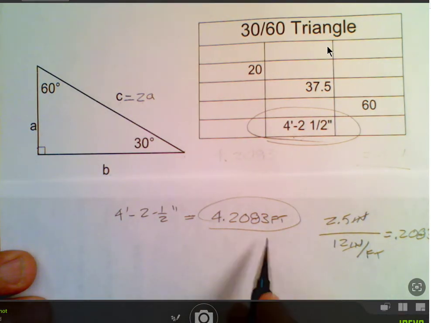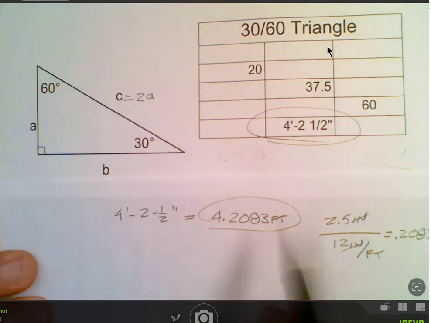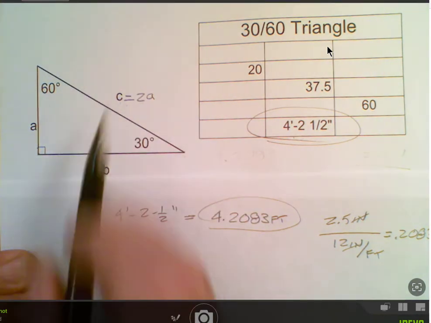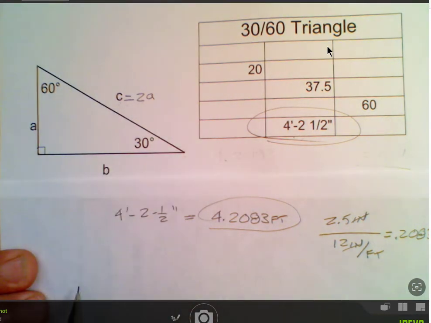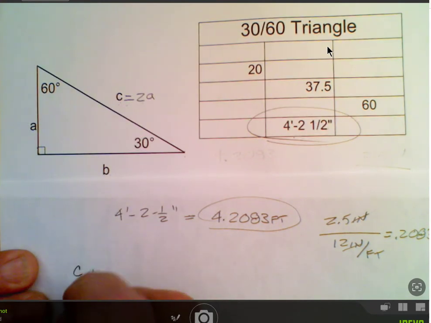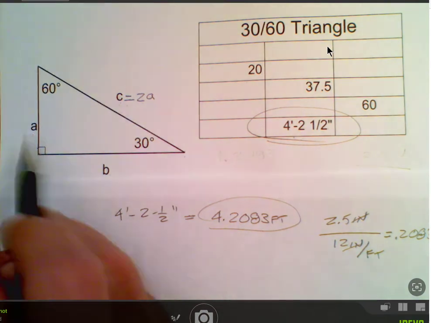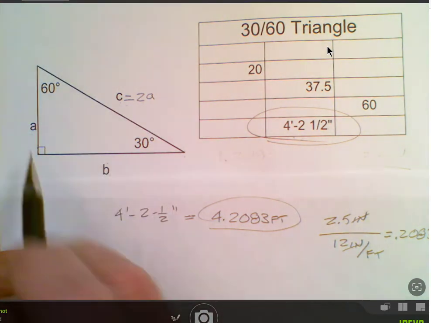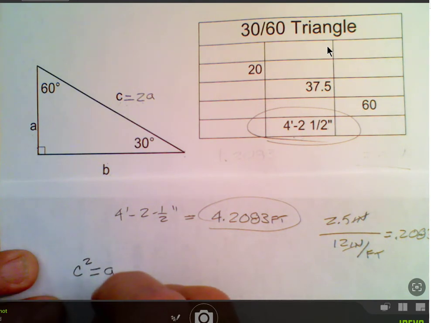Now once we know that, we know what we're going to start with. We can take that value and put it into a formula, but the question is, what's the formula? Well, the formula is Pythagorean. The hypotenuse of a right triangle, in this case we're calling it C, squared, is equal to the square of each side added together. So it's going to be equal to A squared plus B squared.